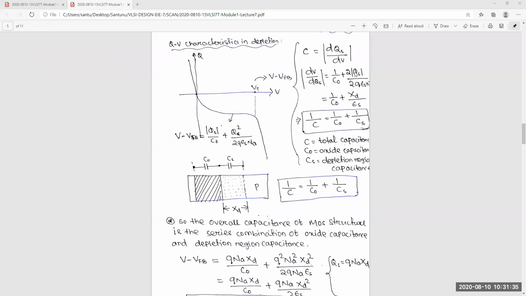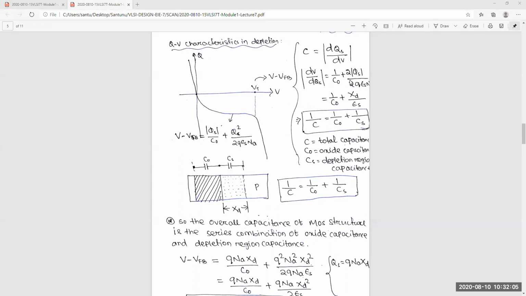Here you can manipulate something. This part, 2Qs by 2q epsilon Na, is actually nothing but, the 2 cancels, Qs by q Na. This part will be Xd, meaning your depletion width.